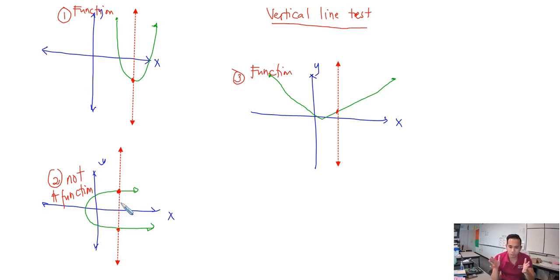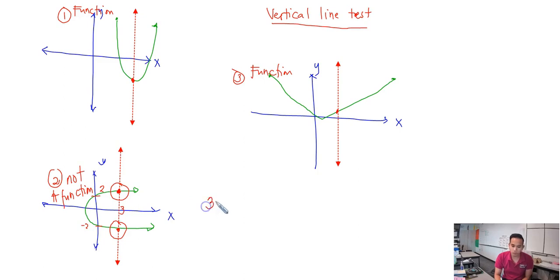Why is it that we use the vertical line? It is because, as you can see here, these are the values of x, and the values of x should only be used once. But in here, let us say that is 3, the value of x. So 3 was used here, and 3 is also used here. So you are now mapping. Let us say this is positive 2 on this y here, and this is negative 2.